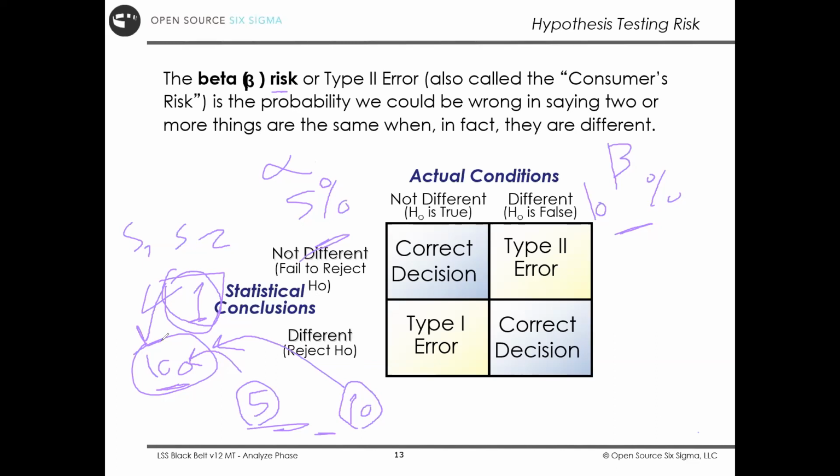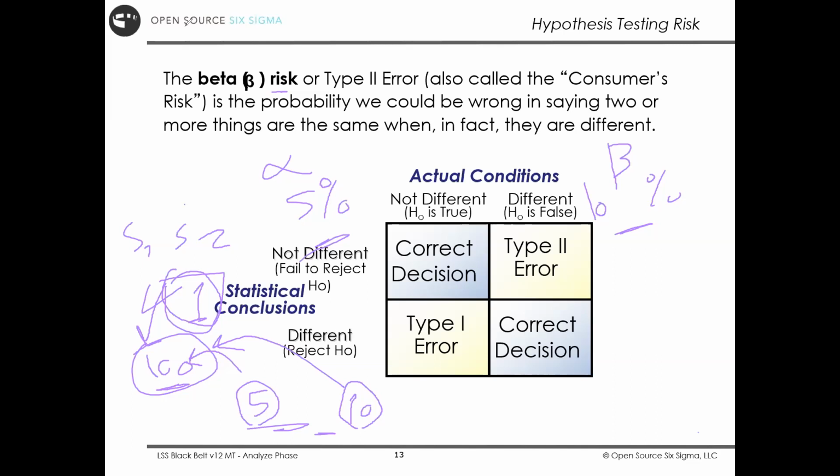But the good news is that the p-value you are getting from any practical software is already considering the alpha and beta. So you don't have to modify the p-value or do something behind it. The p-value is already taking into consideration alpha 5% and beta 10%.